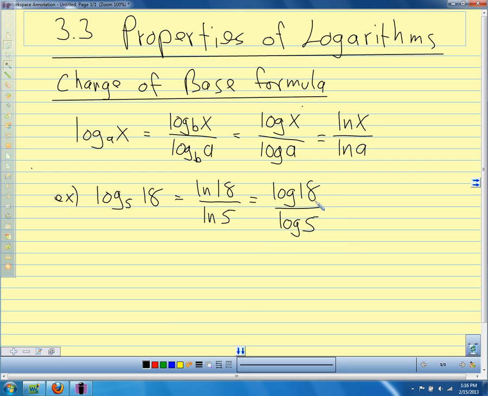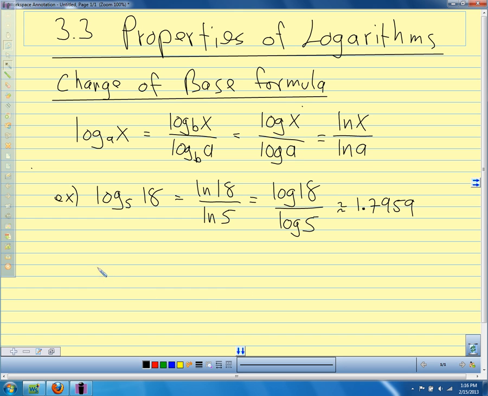And when we calculate those, we can do them in our calculator. And we get, for an approximate answer, about 1.7959. I just included some more decimals. So our calculator will calculate these. It won't calculate this. But this is how we convert.